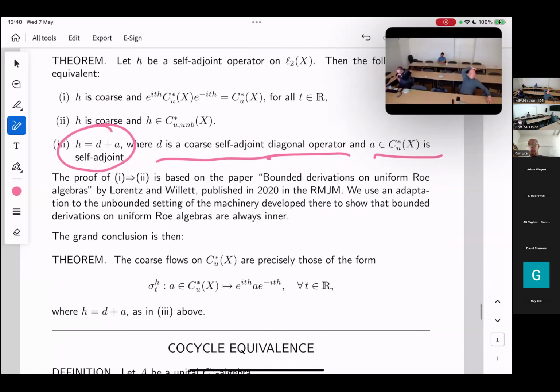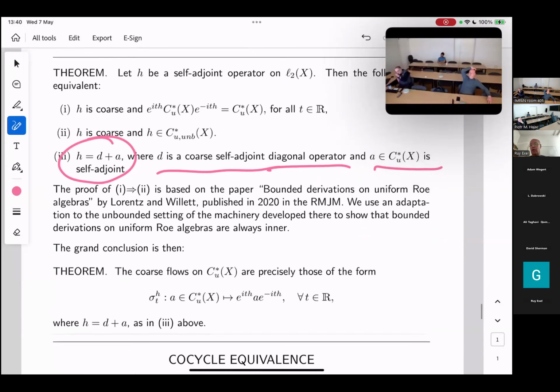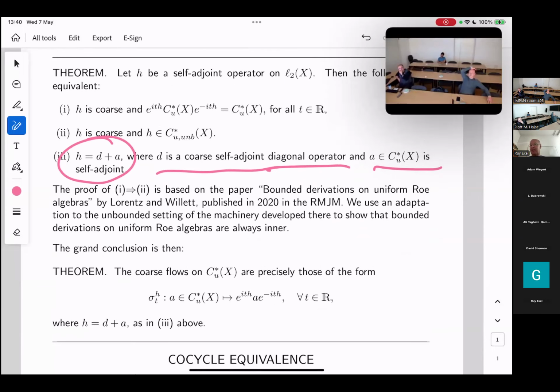So the grand conclusion, putting the answers together, is that the coarse flows are precisely the ones of this conjugation form, where H is an operator of this form. So we have been able to fully classify all coarse flows on the uniform Roe algebra under property A. This grand conclusion is still under the assumption that you have property A, right?